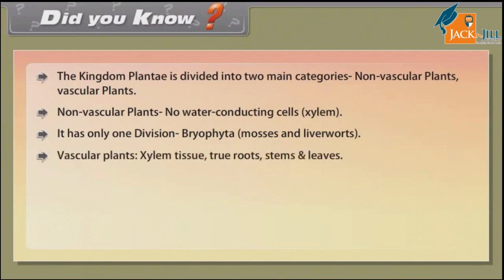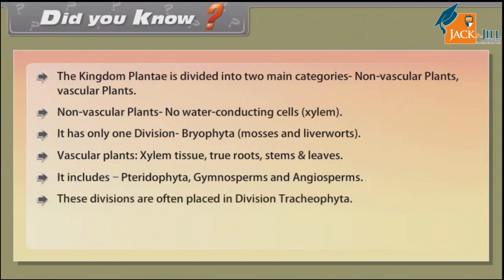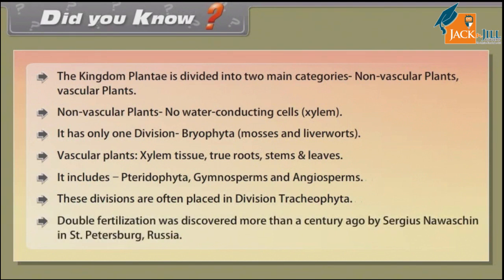Vascular plants have xylem tissue, true roots, stems and leaves. It includes pteridophyta, gymnosperms and angiosperms. These divisions are often placed in division tracheophyta. Double fertilization was discovered more than a century ago by Sergius Navashin in St. Petersburg, Russia.